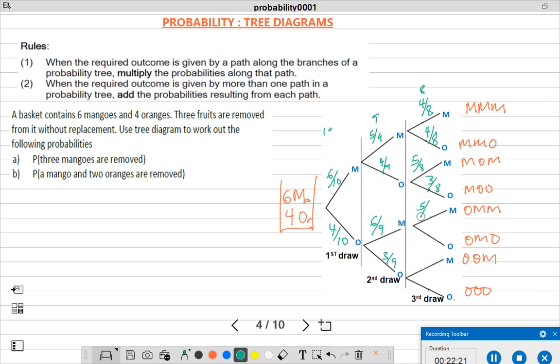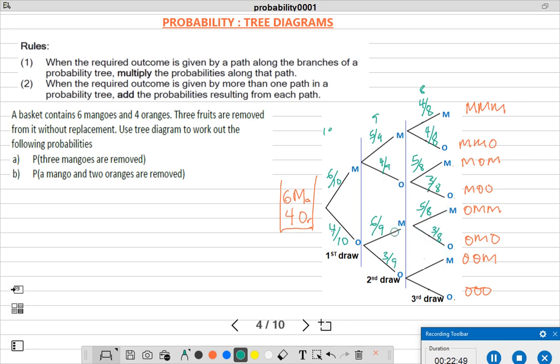But remember, you have 8 fruits, simply because this is 1 fruit, another fruit, they are no longer 10. Without replacement, when you remove a fruit, the number reduces. That's why we are having 10, here we have 9, here we have 8. So this one will definitely be 3 out of 8, because 5 plus 3 gives 8. When you add the 2, you must get 8 out of 8. Yeah? That's why I'm writing 3 out of 8.